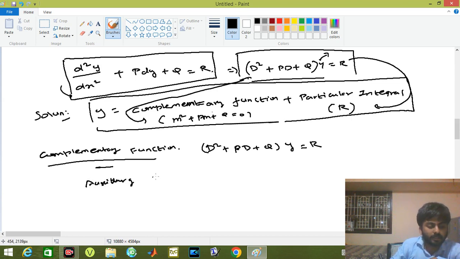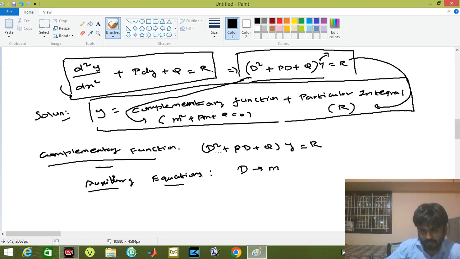The auxiliary equation. This is called the auxiliary equation, that is obtained by D replaced by m.